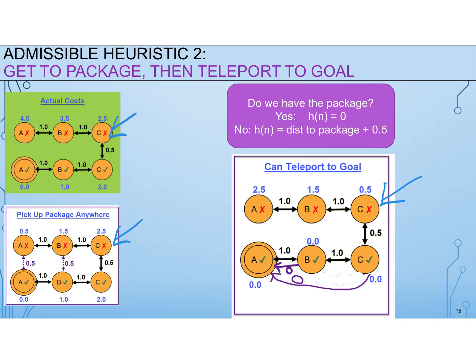But our question is, do we have the package? If we do, the heuristic is 0. If we don't, the heuristic is the distance to the package plus 0.5. So now that's my heuristic, 0, 0, 0, if I have the package. And if I don't have the package, then the cost is how much it costs me to get there plus 0.5. That's how I did the heuristic, right? Okay.